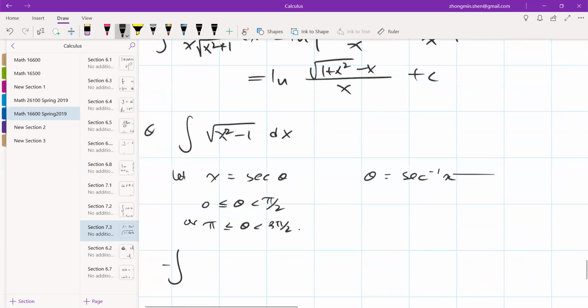I know secant squared theta minus 1 is going to be tangent squared theta. Also I want to know the derivative of secant theta is going to be tangent theta secant theta.